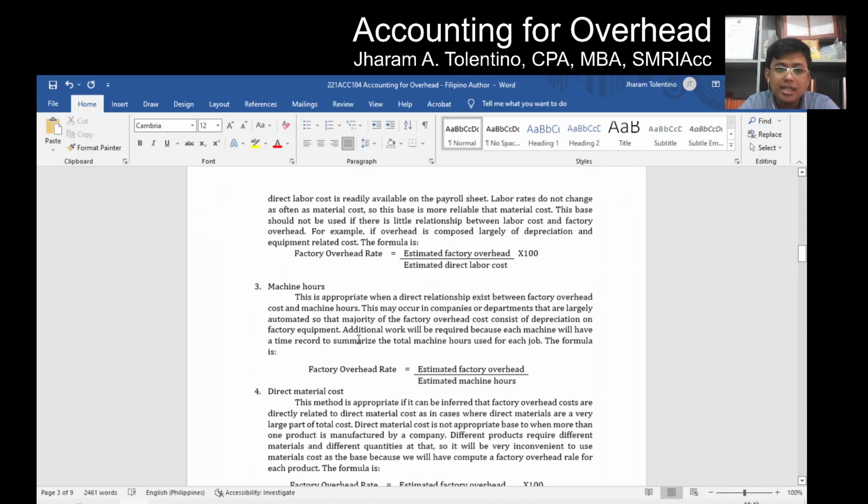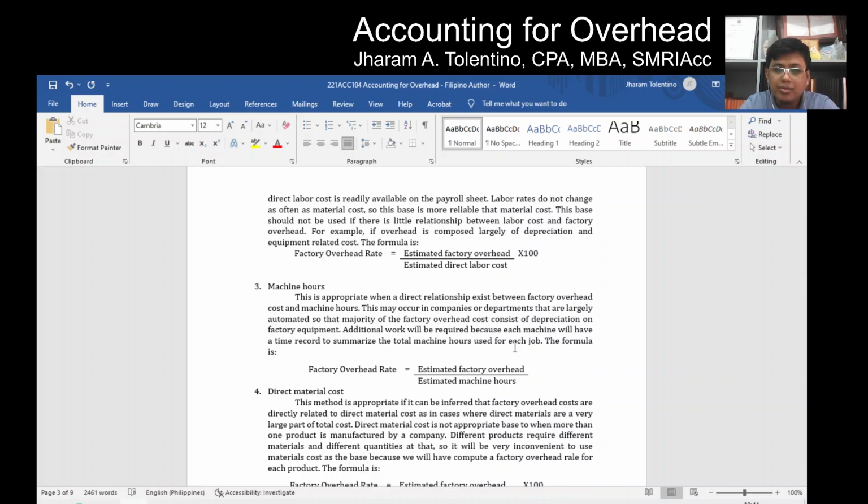Next, machine hours. Ganun ulit. Appropriate daw siya when there is a direct relationship between factory overhead cost and machine hours. So this may occur in companies or departments that are largely automated so that the majority of the factory overhead costs consists of depreciation on the factory equipment.